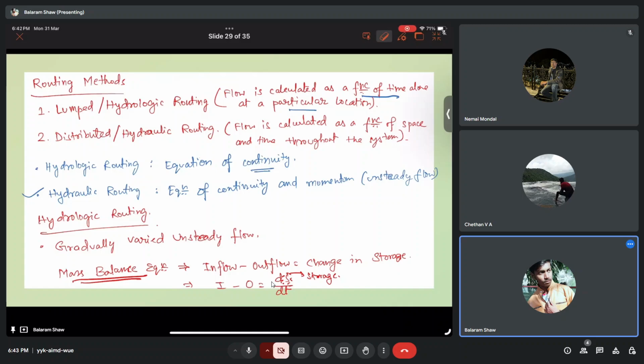Right? So this one will be on the x-axis. This one will be on the y-axis.